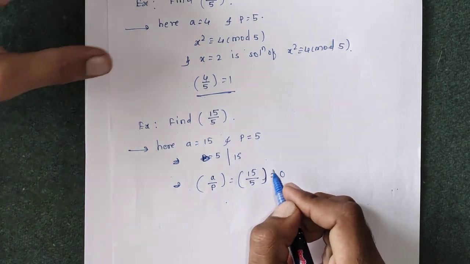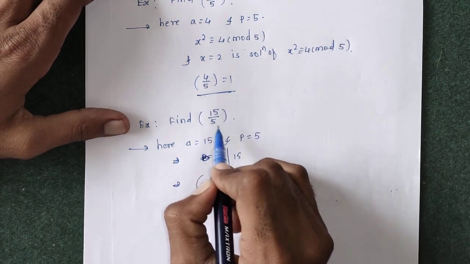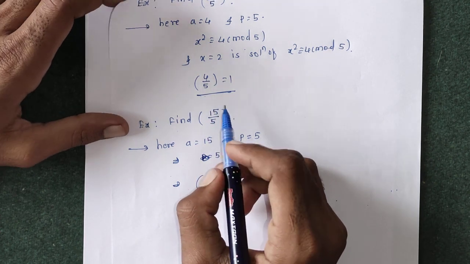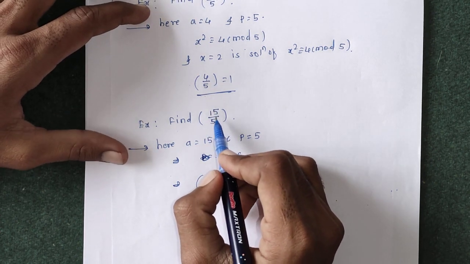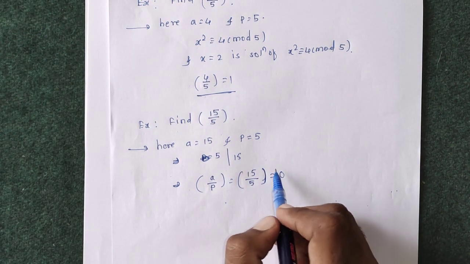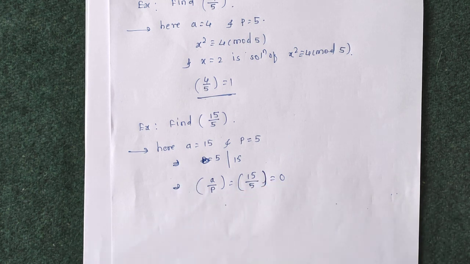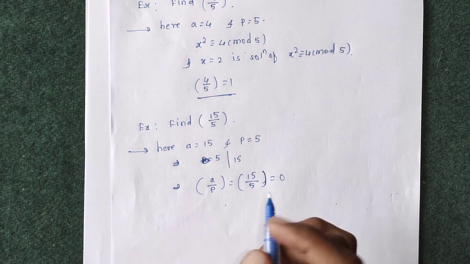To find the Legendre symbol of any two numbers, we first check whether our prime p divides a or not. If the prime p divides the number, then we are done; our solution is 0. If the prime doesn't divide a, then we check whether the congruence x square is congruent to a mod p has a solution or not.